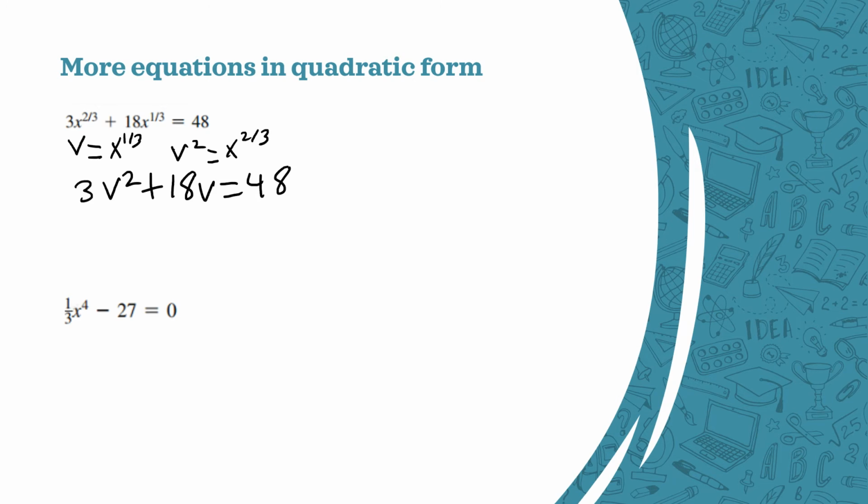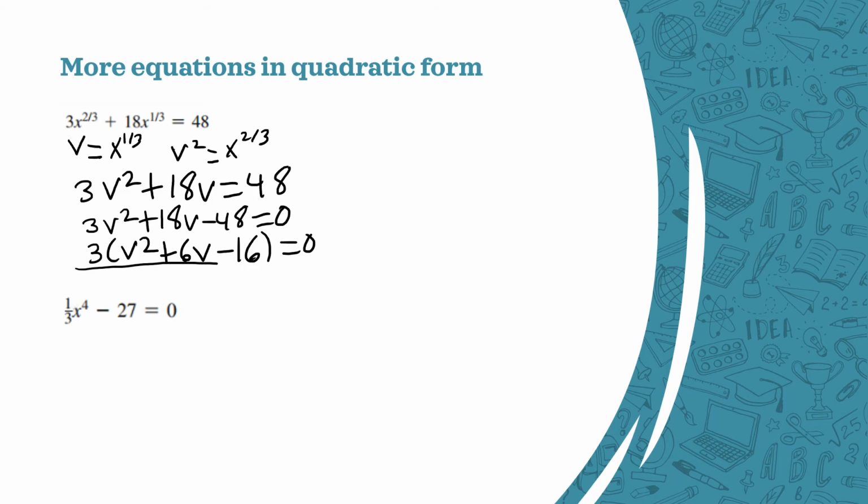Subtract 48 from both sides. That gives me 3v squared plus 18v minus 48 equals 0. I can factor out a 3 here, or divide both sides by 3. I'm going to draw an arrow to move this up here.